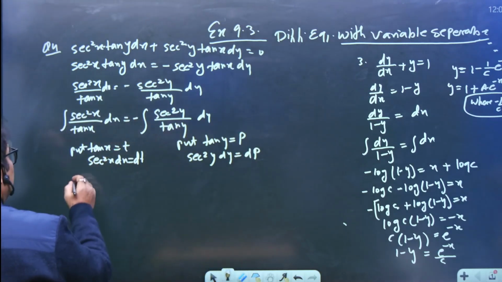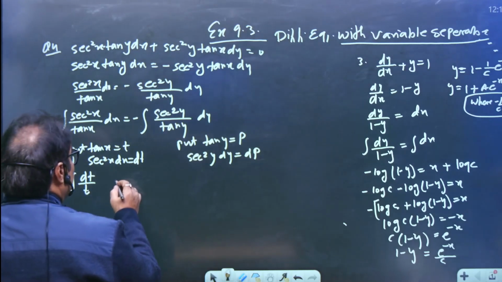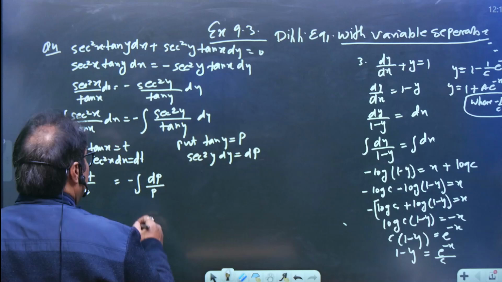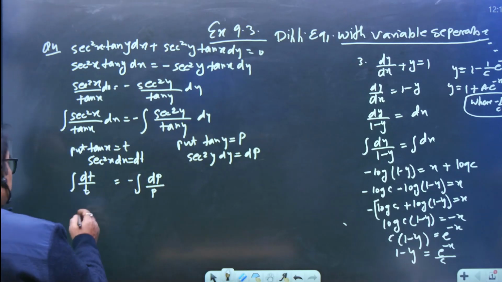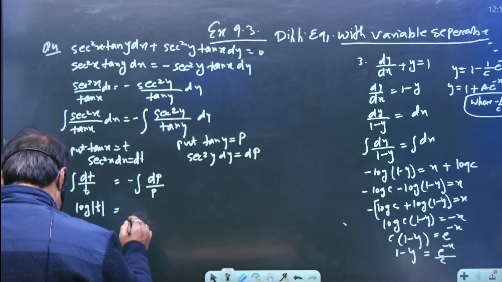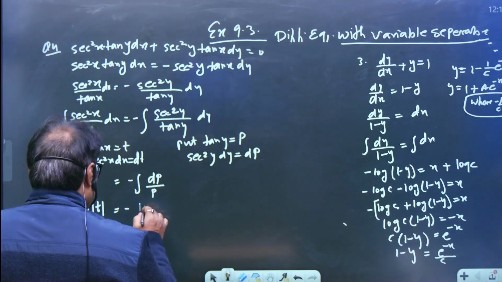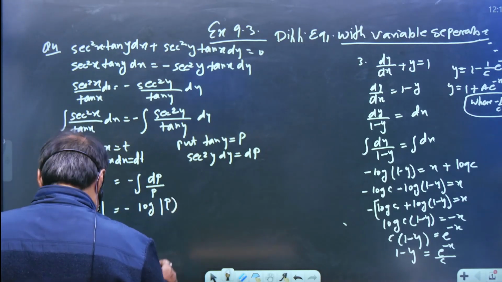So this can be written as integration of dt by t, and this is minus integration of dp upon p. The integration of this is log modulus of t, and this is minus log modulus of p.